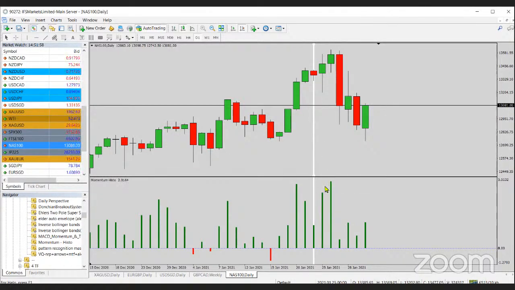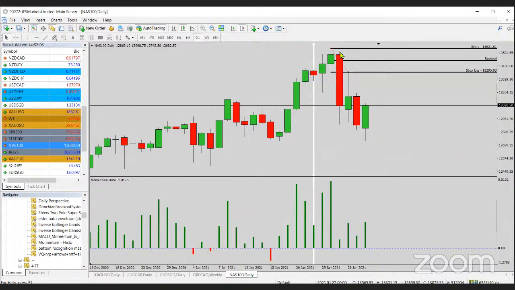On Tuesday's bar, it also did pick up, so we can put a pending order on Tuesday. Thank goodness, price went down immediately after that, so it doesn't trigger us. But strictly speaking, if you trade every day, then this will still be a loser, because on Monday's bar the momentum picked up compared to Friday.